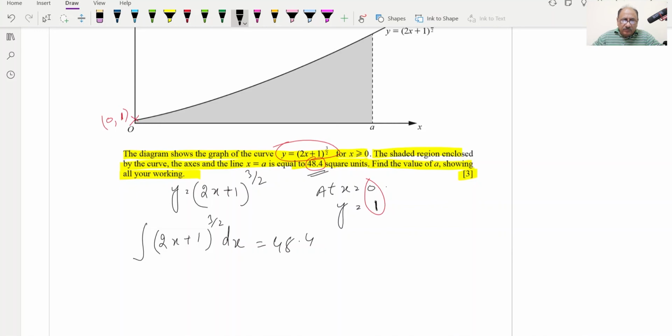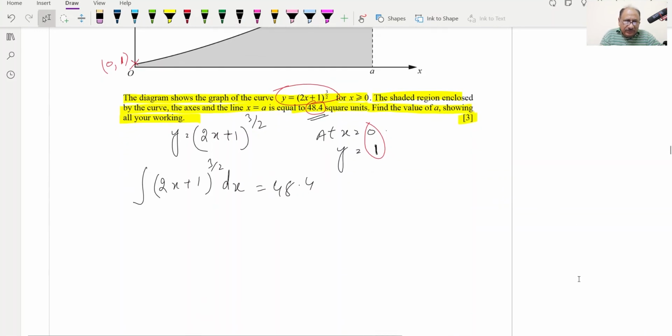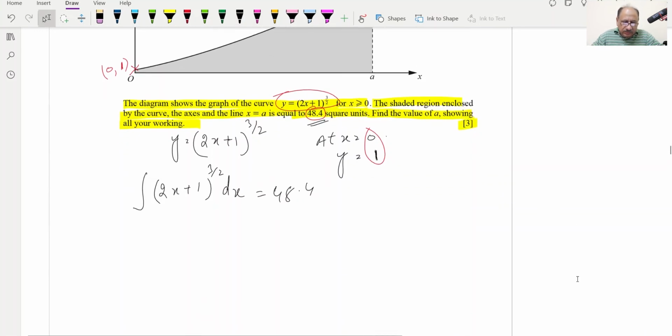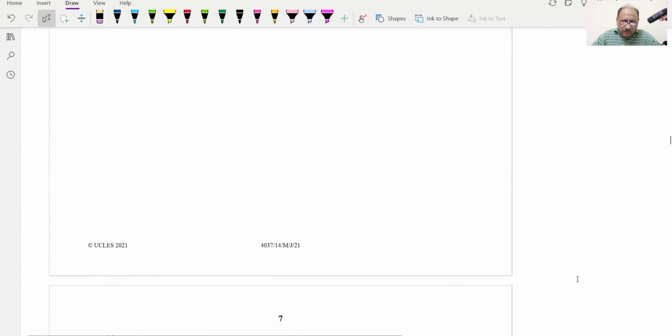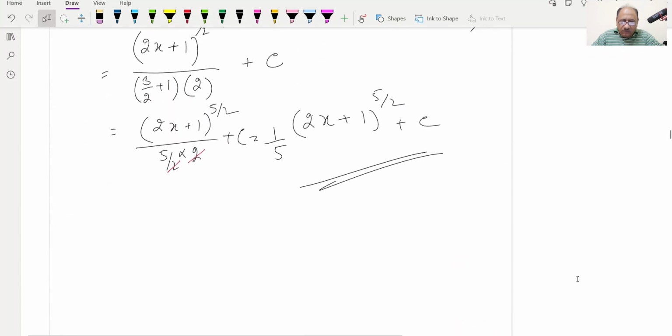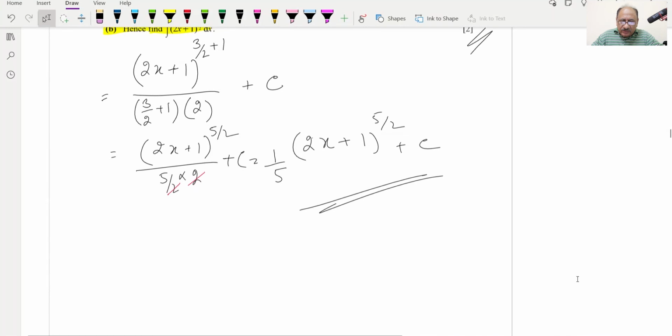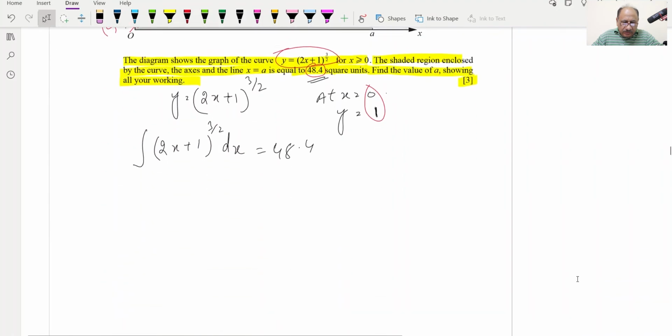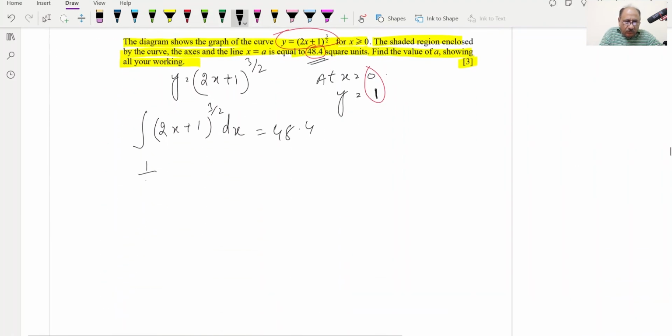Now we can integrate this, and the integral of this one we have already taken over here, 1 by 5, 2x plus 1, 5 by 2. So we can copy this integral directly. So this will be 1 over 5 into 2x plus 1 raised to the power 5 by 2, and this is equal to 48.4. And now we can further simplify.